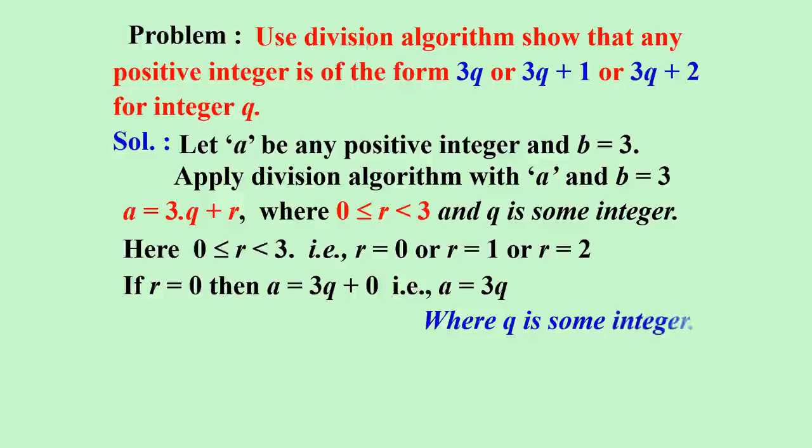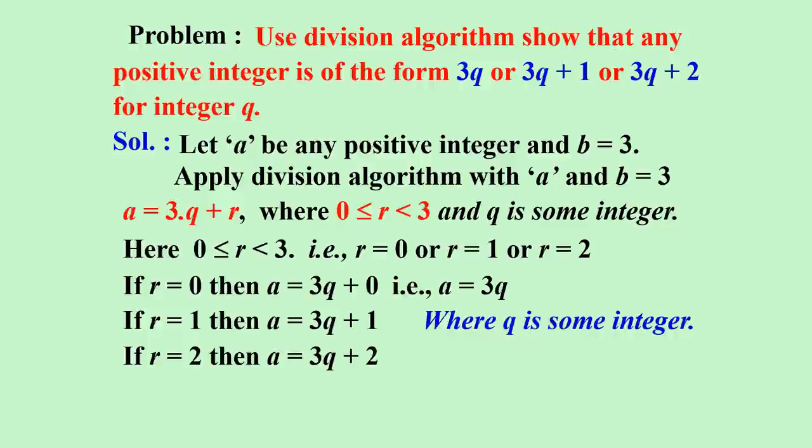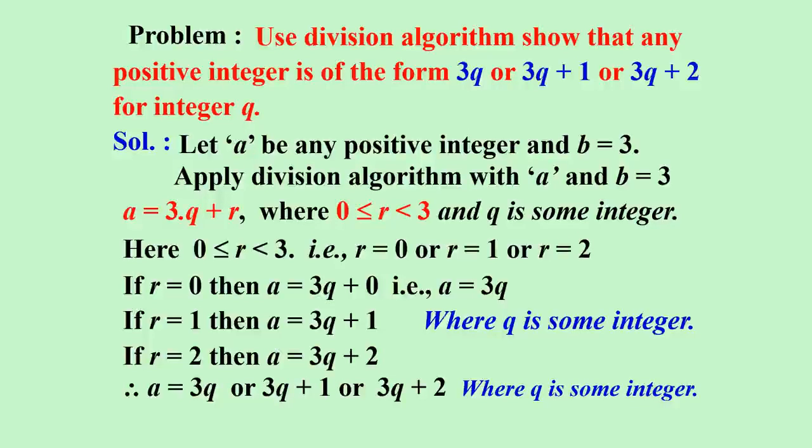If r is equal to 1, then a is equal to 3q plus 1. If r is equal to 2, then a is equal to 3q plus 2, where q is some integer. Here we notice that a is equal to 3q or 3q plus 1 or 3q plus 2, where q is some integer, by the division algorithm. Hence the problem is proved.